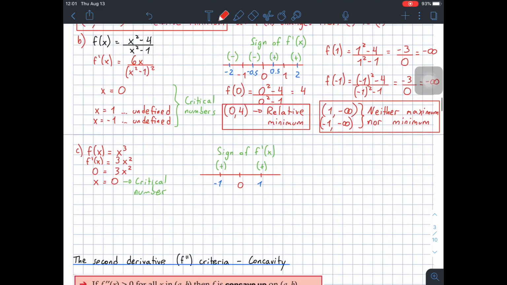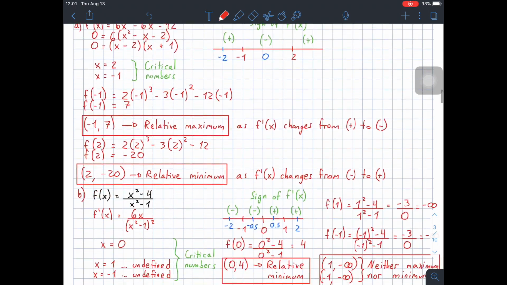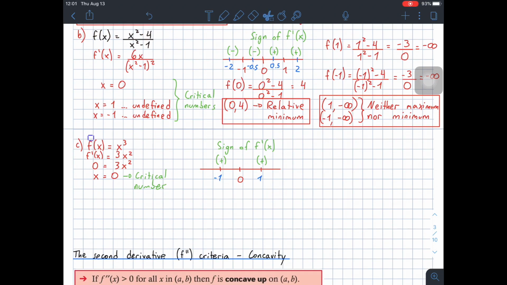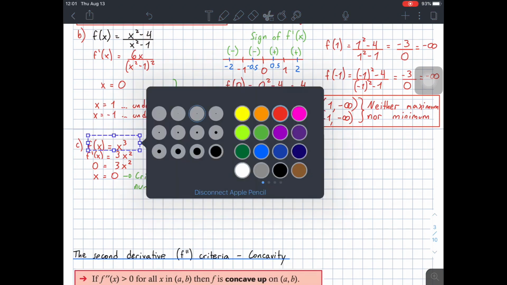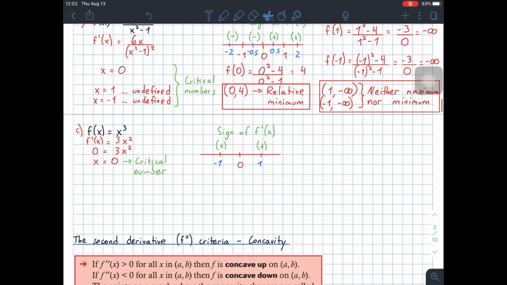For now, let's go to part C. Exercise C, if you remember, the function is f of x equals x cubed. We found the derivative, we set it to 0, and we found only one critical number, which is x equals 0.